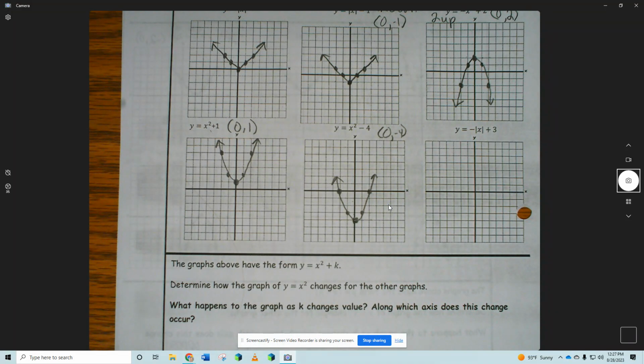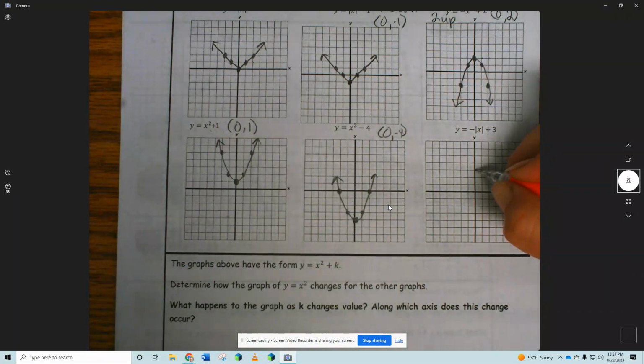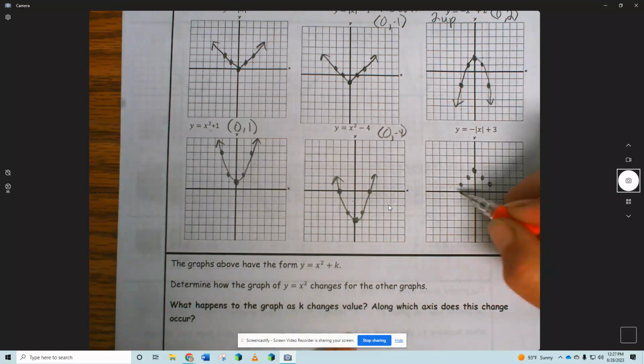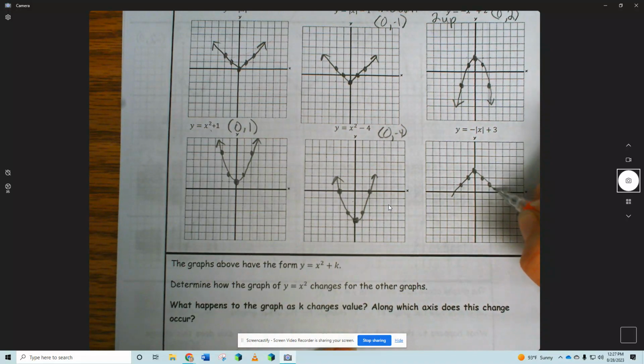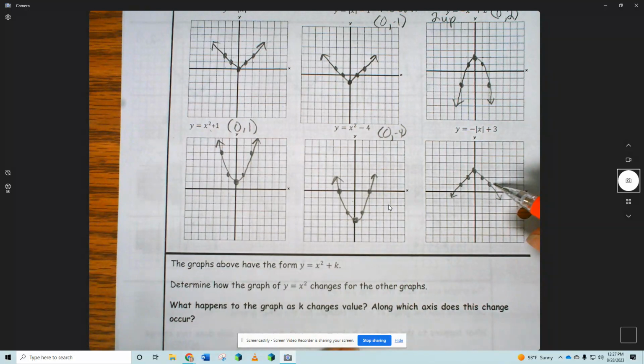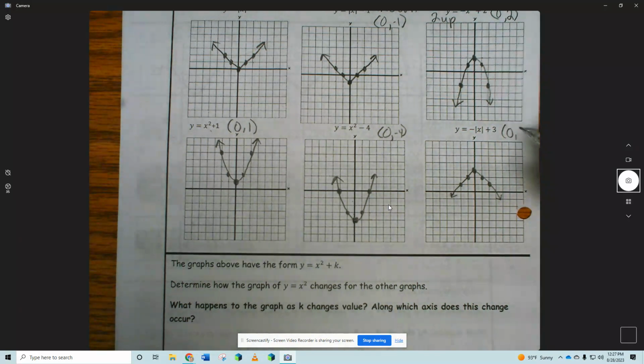Almost there. And it looks like this. Does yours look like this? This is it. Uh, 0, comma 3.